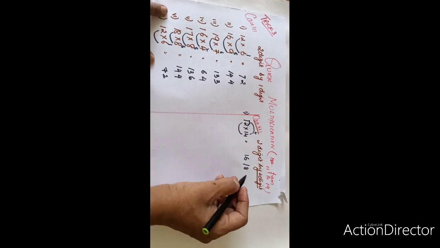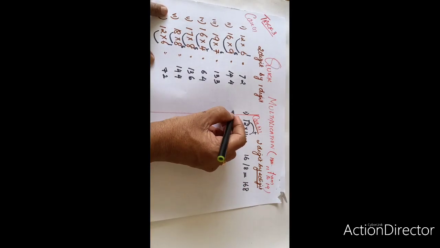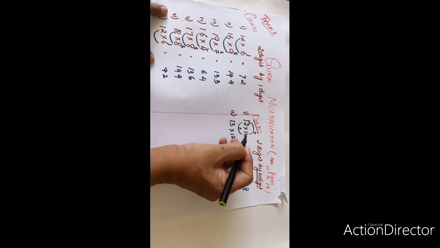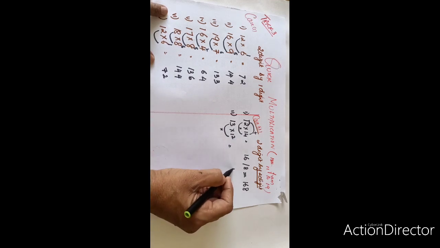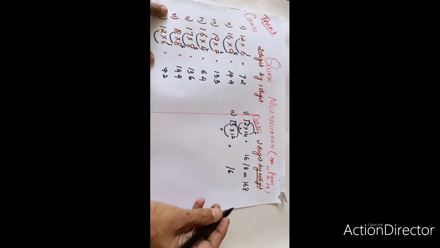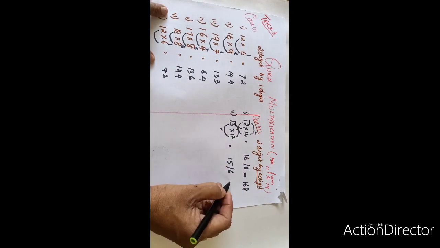So my answer is 168. Second one, 13 into 12. Here you have to multiply, here you have to add. So 3 2s are 6, before the slash you write 6, and here you add 13 plus 2. So 13 plus 2 is 15. So my answer is 156.